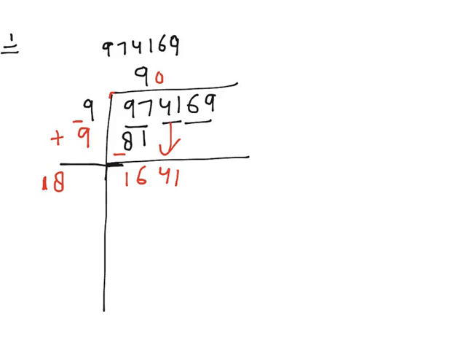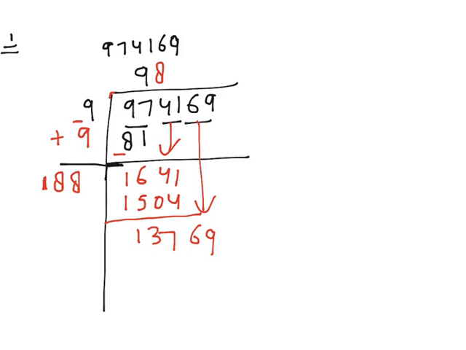So here I will go with 8. So 188 times 8 will give me 1504. 189 times 9 will surely be greater than 1641. So here we will be left with 137 and then we will copy 69 over here.